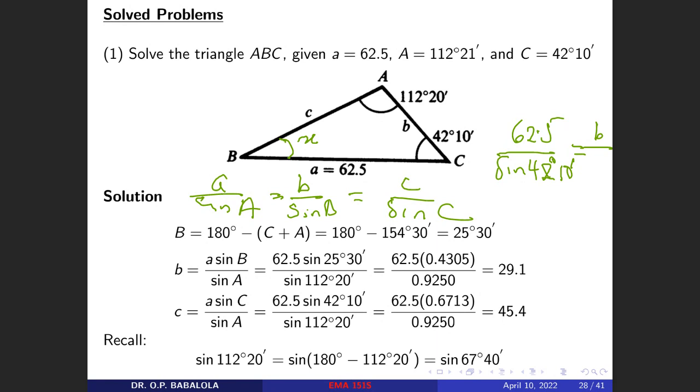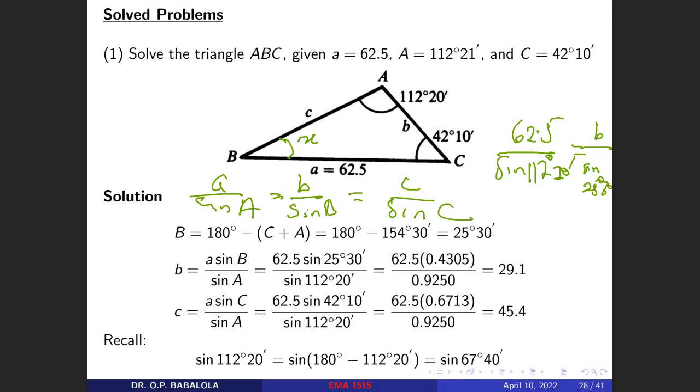No. Angle A is not 42. Sorry about that. I'm doing A over sine A, so it's 62.5 over sine 112 degrees 20 seconds, equal to B over sine B. We've obtained angle B as 25 degrees 30 seconds, okay?